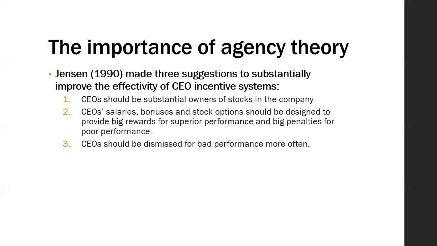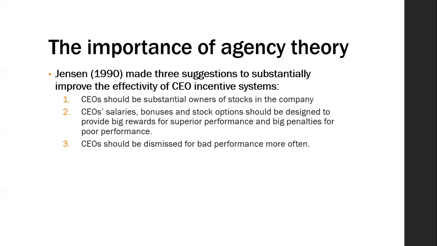Okay? And third, CEO should be dismissed for bad performance more often. Okay? So dapat their job is on the line, right? If they are not performing well. So according to Jensen, these are what's lacking in CEO incentive systems. And therefore, if you implement this, the chances of fixing the principal agent conflict is higher.